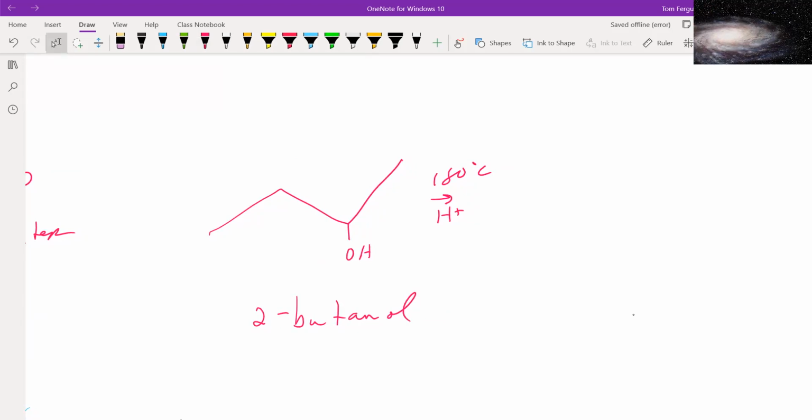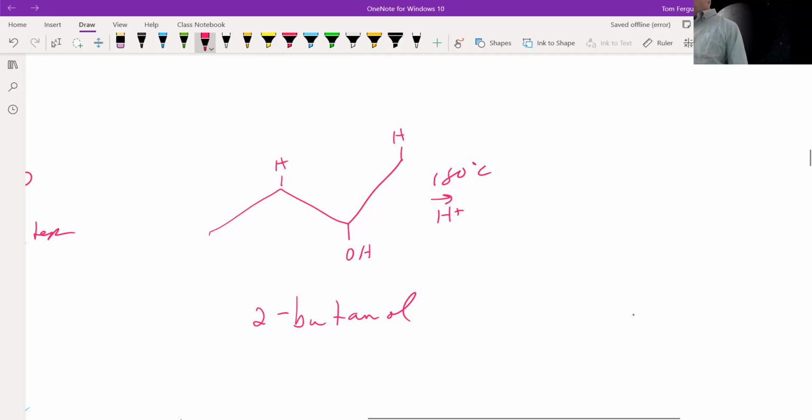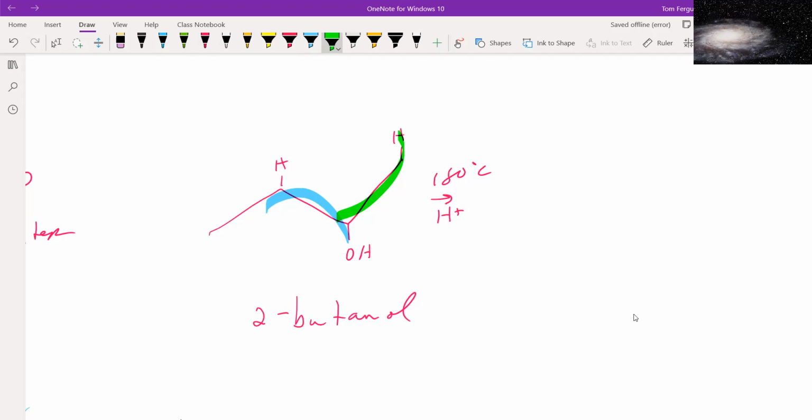Will anything happen? Yes, because I can find water on that molecule. The problem is I can find it in 2 places, on either side of the hydroxyl group. So we have it here, and we have it here. So we're going to end up creating a mix. We're going to create 2 alkenes because we have 2 sources of water.